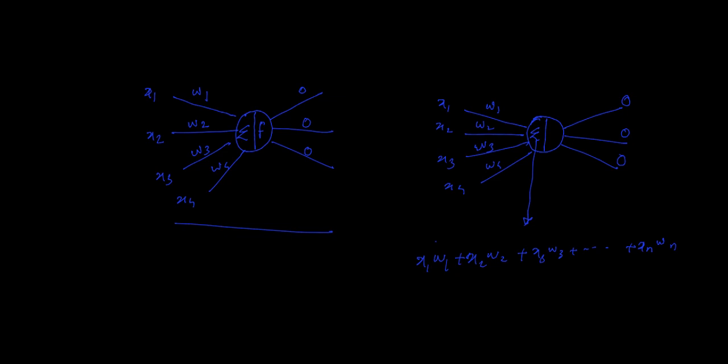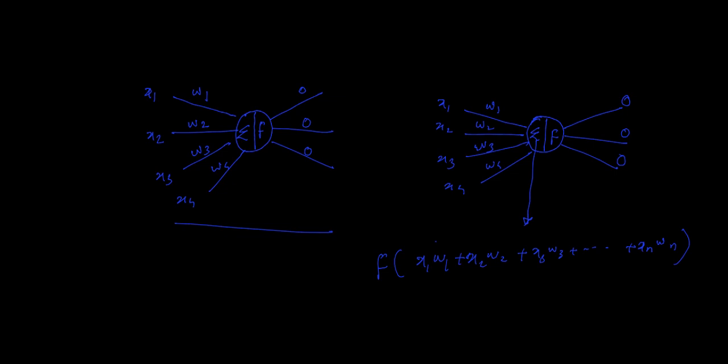Now one more thing is there in the artificial neuron, that is called the activation function. On this sum we apply what is called the activation function, and depending on the result of the activation function, the output is sent to the other neurons.